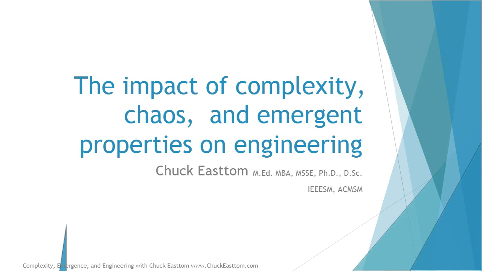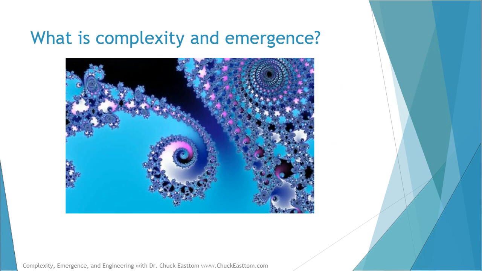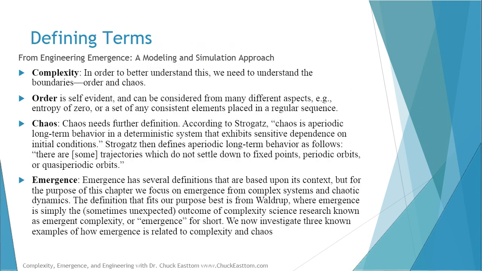So let's begin with defining what we mean by these topics of complexity and emergence and later chaos. What exactly are we talking about? Let's start with some terms, and these are meant to be generally applicable terms. I don't care if you're an electrical engineer, an aerospace engineer, nuclear engineer, or whatever the case may be. What is complexity? Well, let's first start by talking about order and chaos. Order is usually self-evident.